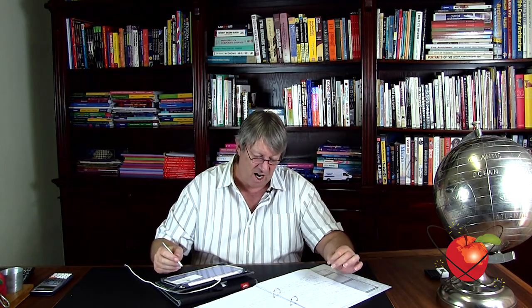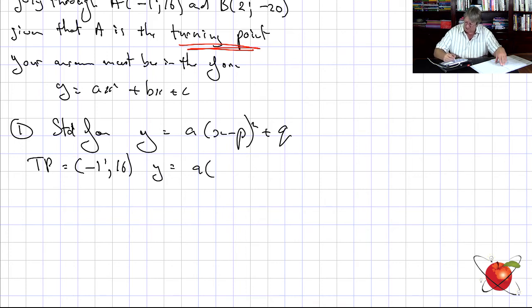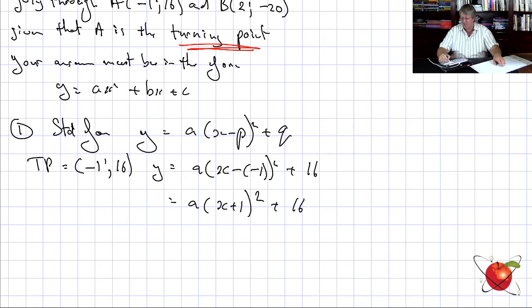Right. So I put in the figures that I've got. The turning point, TP, that I've been given is minus 1 and 16, correct? So I substitute in y is equal to a times x minus minus 1 all squared plus 16, which is a times x plus 1 all squared plus 16.